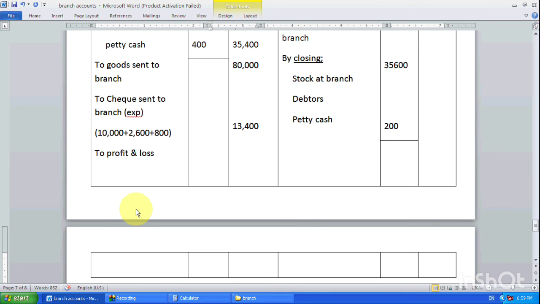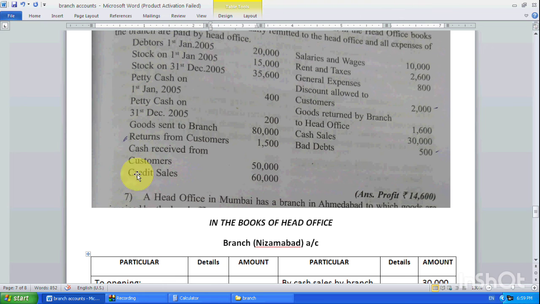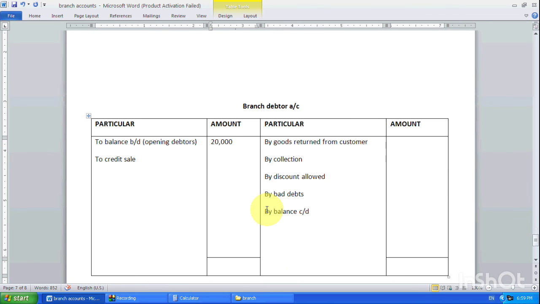So we have to write credit sale, not overall sale, just credit sale, excluding cash sale. Right here 60,000 credit sale.